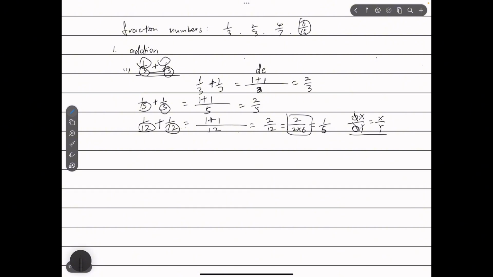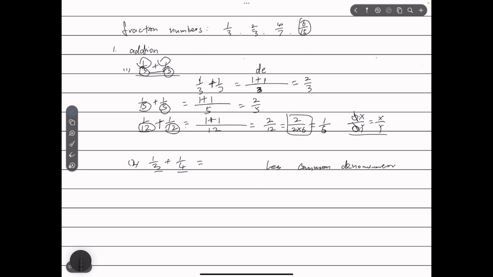So that's the example when we have the same denominator. What if we have different denominators? Let's say 1 over 3 plus 1 over 4. Right now they have different denominators. So we need to find the common denominator for them.